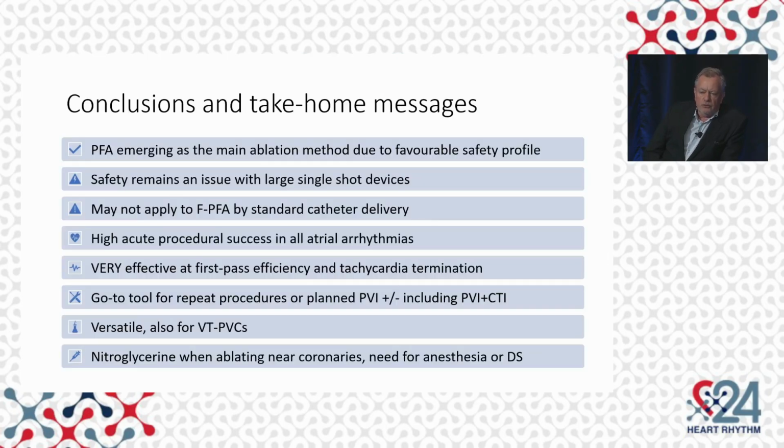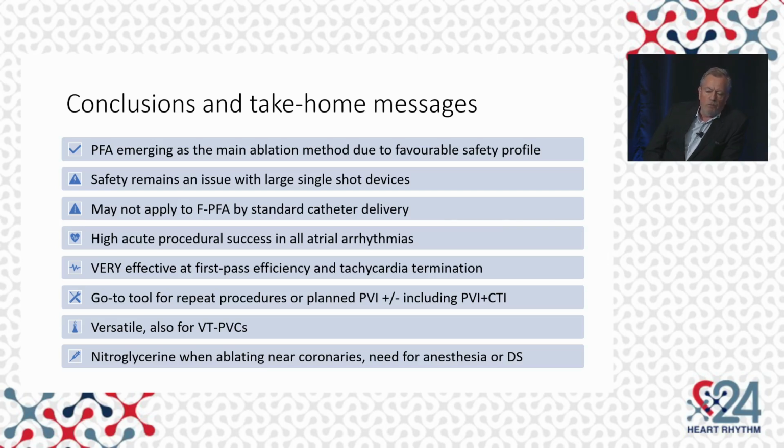So in conclusion, PFA is emerging as a main ablation method due to a favorable safety profile. Safety remains an issue with the large single-shot devices, and that may not apply to focal PFA by standard catheters. It's characterized by high acute procedural success, very effective at first-pass efficiency.